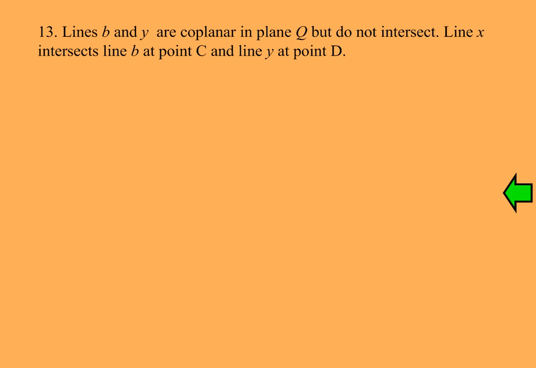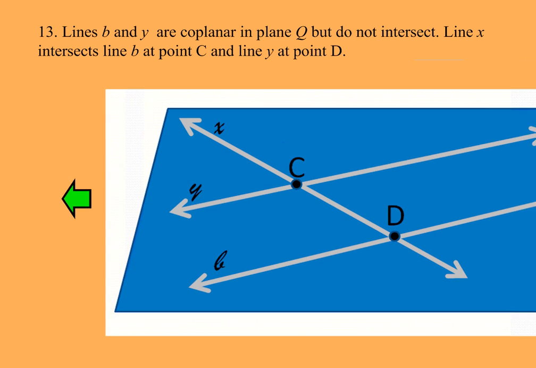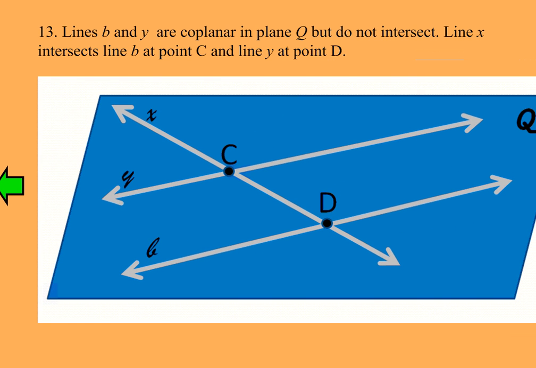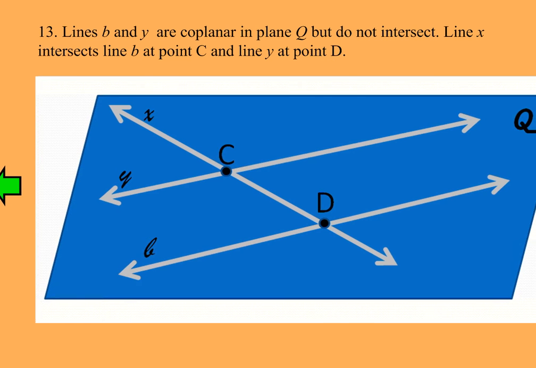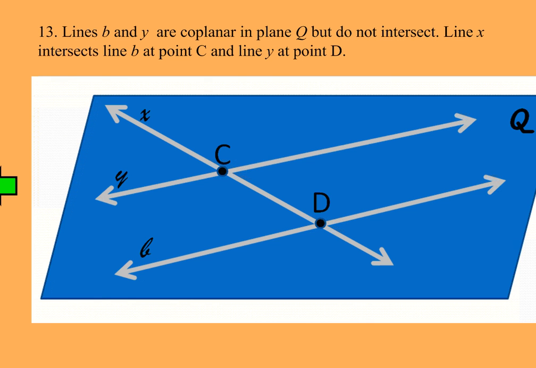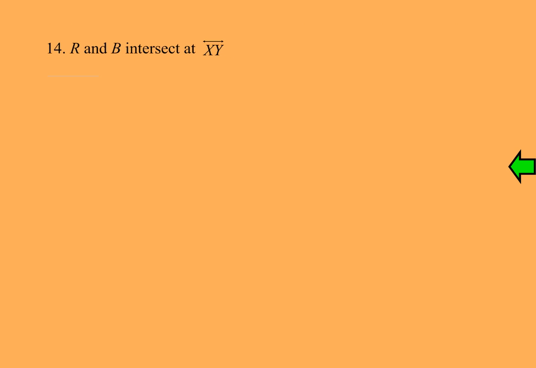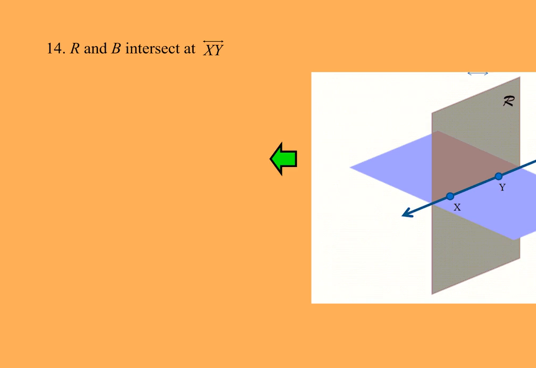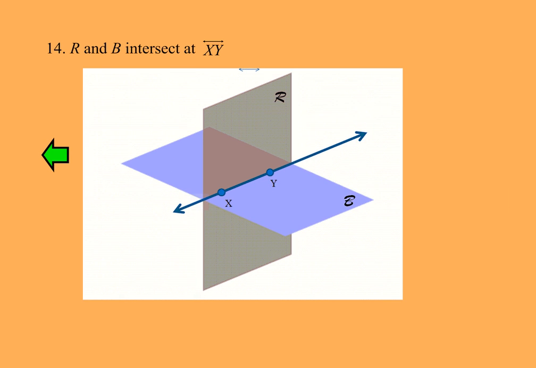Line X intersects line B at point C and line Y at point D. You have lines B and Y that are not intersecting, and X goes through both of them. Then planes R and B intersect at line XY. One letter indicates that it should be a plane. Two planes intersecting look like that, and where they intersect is a line. For some reason, a lot of kids like to screw that up.